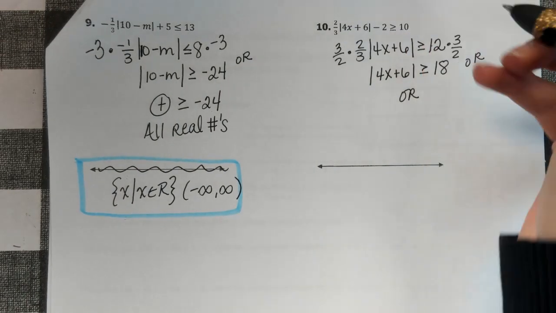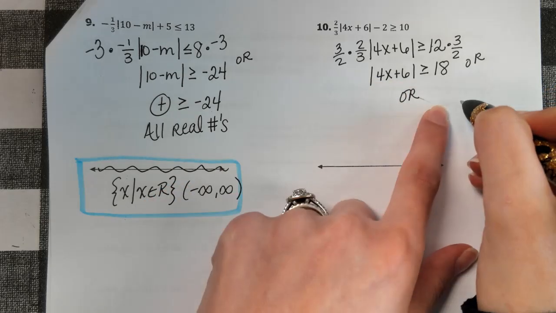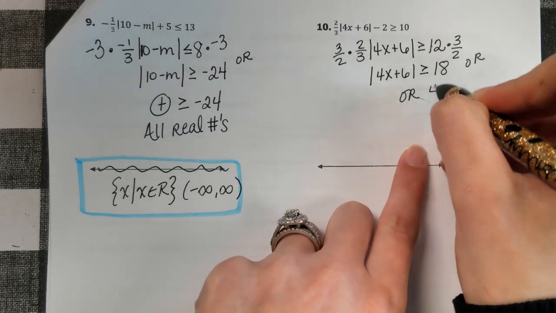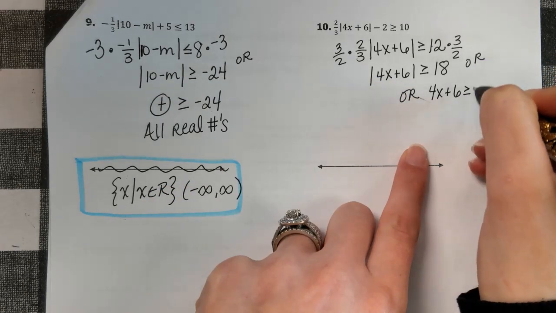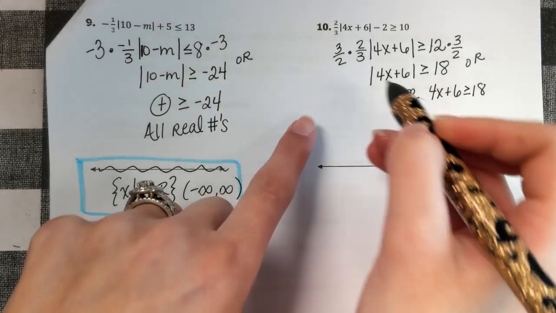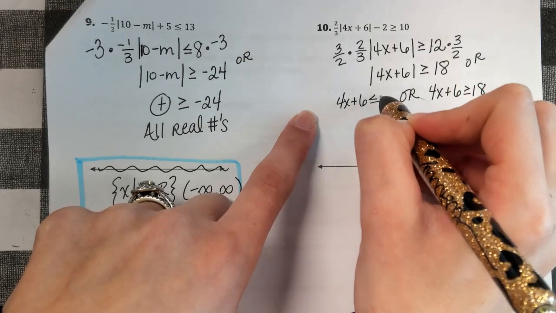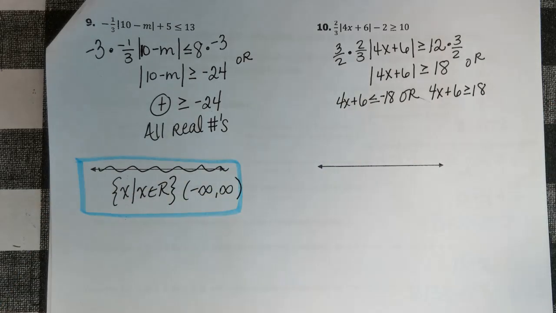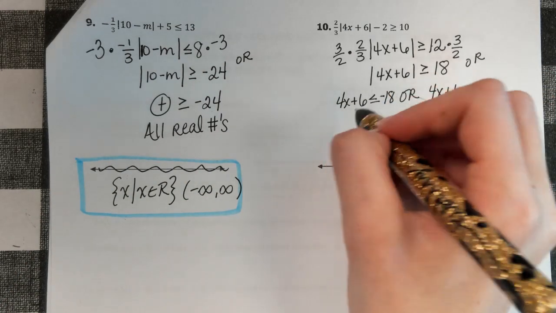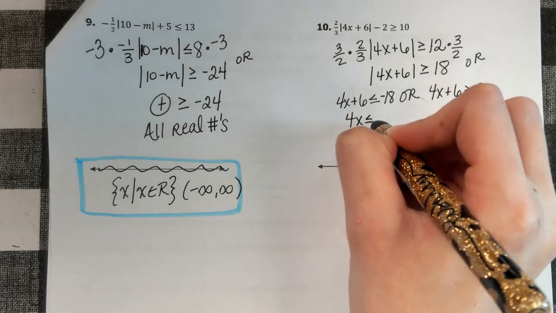Okay. So whatever this reads comes to the right. 4x plus 6 is greater than or equal to 18. And then 4x plus 6, when you make it negative, you flip. Less than or equal to. Okay. And then minus 6. Okay, so 4x is less than or equal to negative 24.